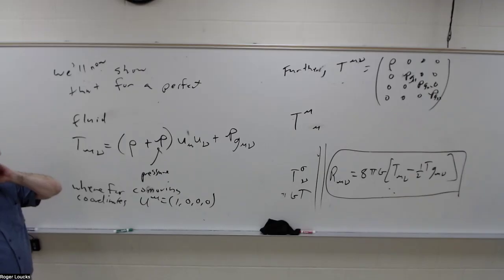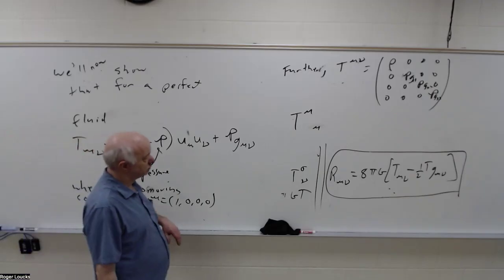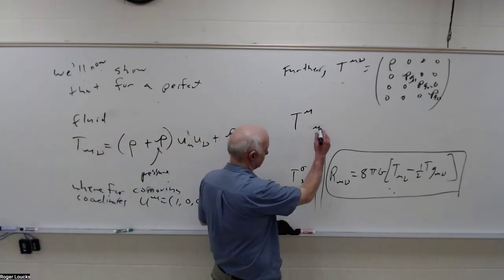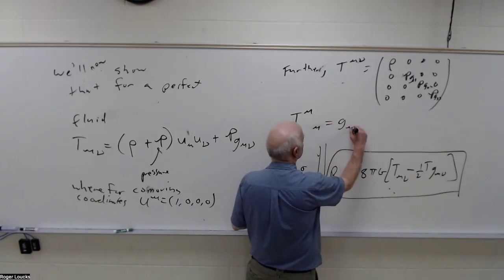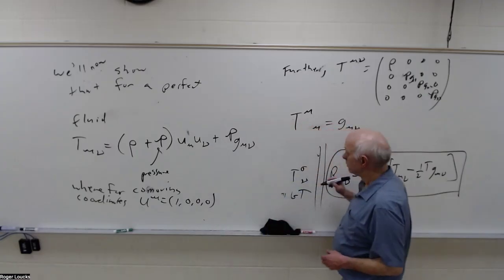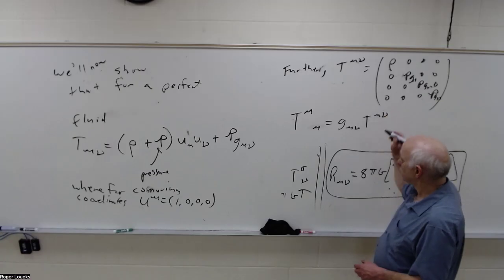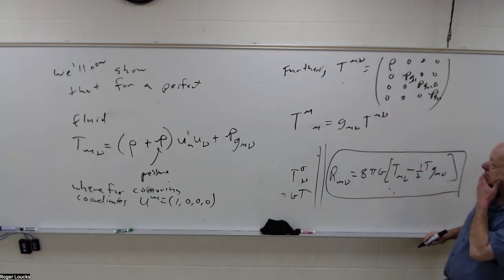Like rho squared plus p g11 squared. Okay, so this will become g mu nu T mu nu, right? What does that make this then?